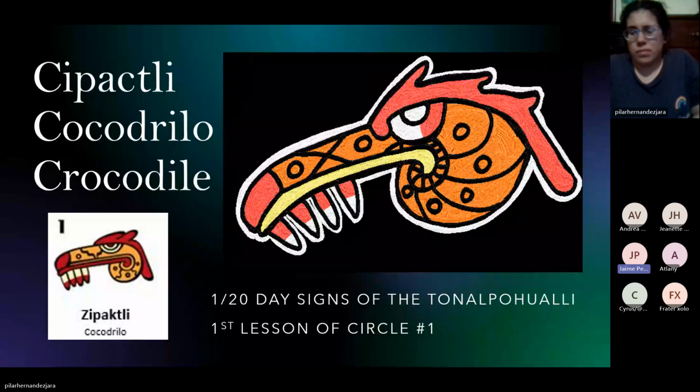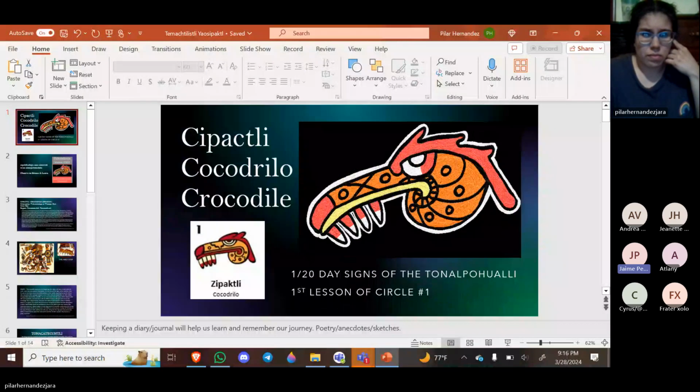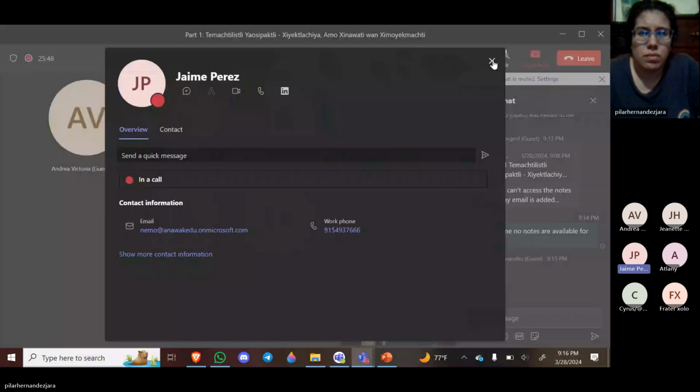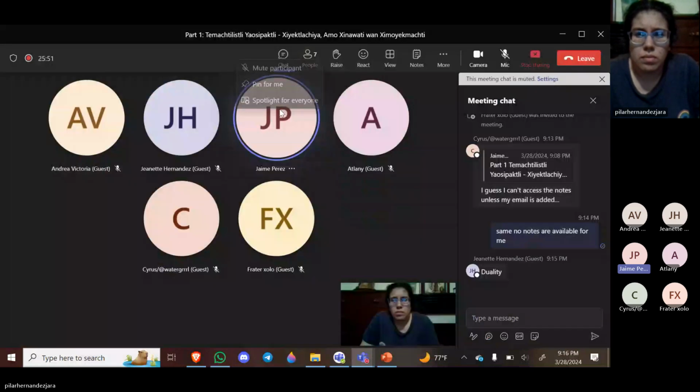So, as Tekpat was illustrating, Zipaktli is the calm, patient, very similar to that of Mother Earth, right? We understand the crocodile to sit in water and just wait for the right moment before it can make a move or hunt. We see how patient it is while it sits in the water.